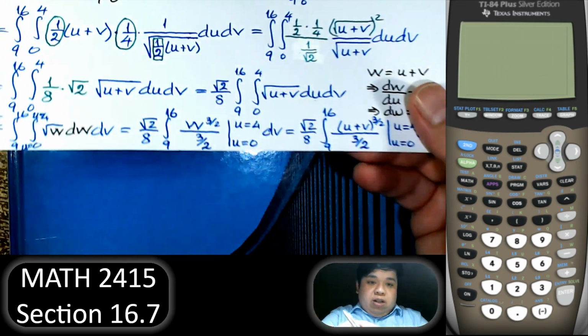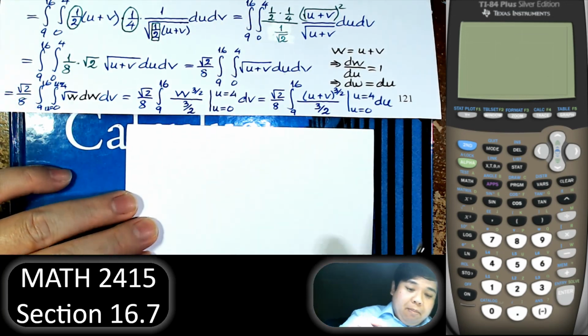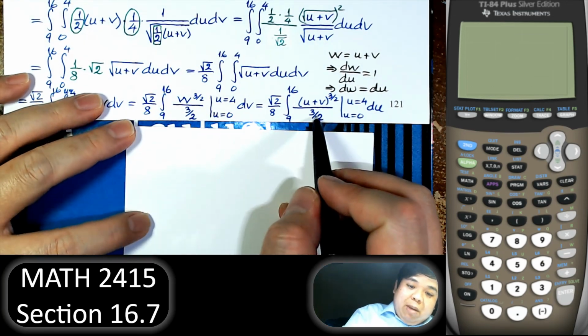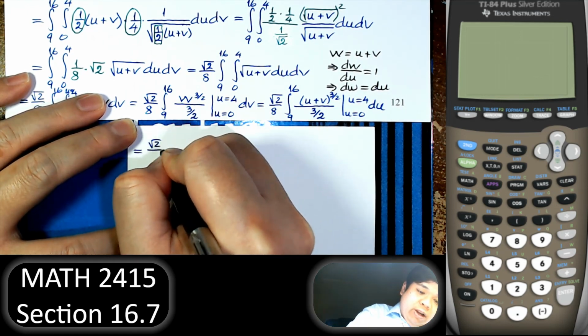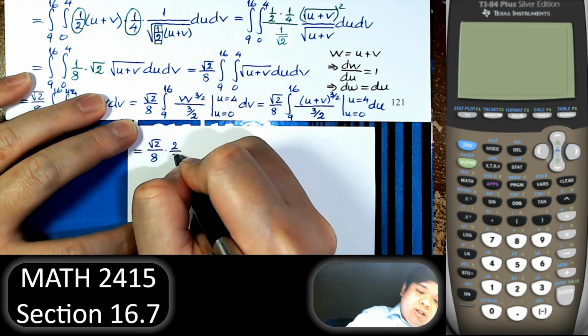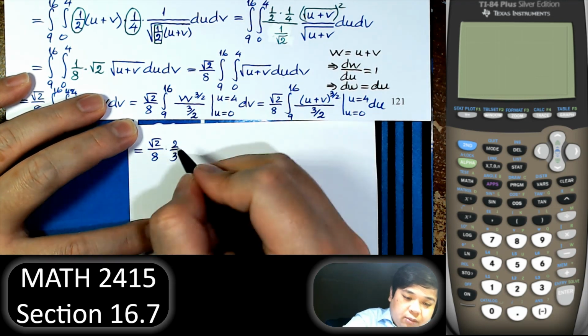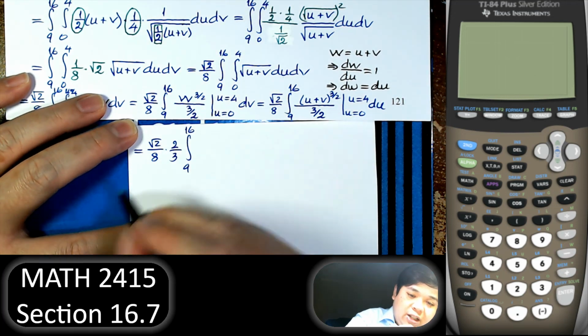Oh, sorry about that, put some space here. So dividing by 3/2 is multiplying by the reciprocal. So square root of 2 over 8 divided by 3/2 is multiplied by 2/3. Nine to 16.